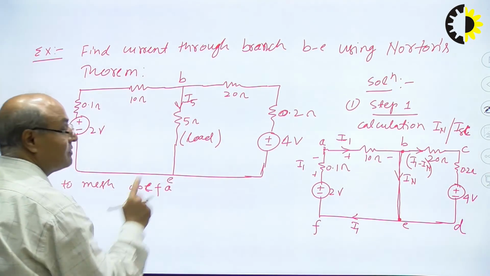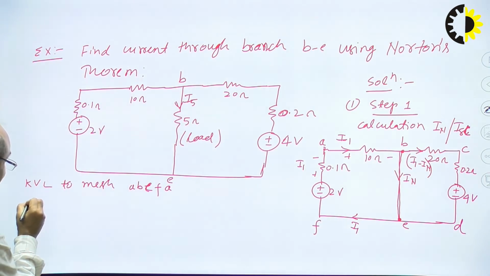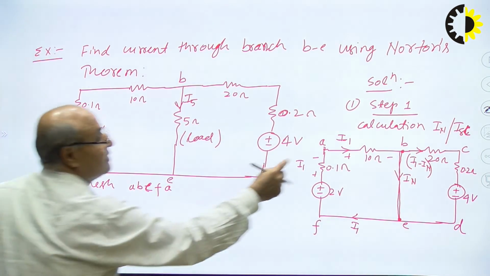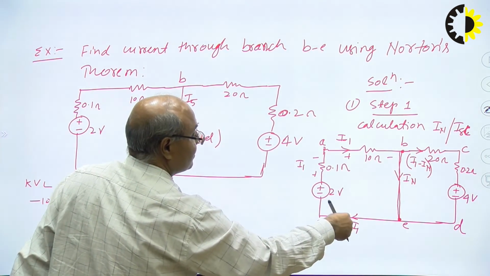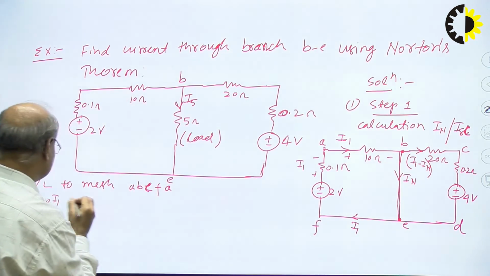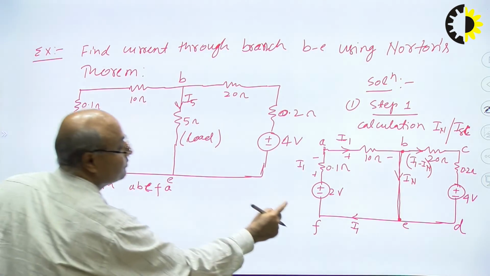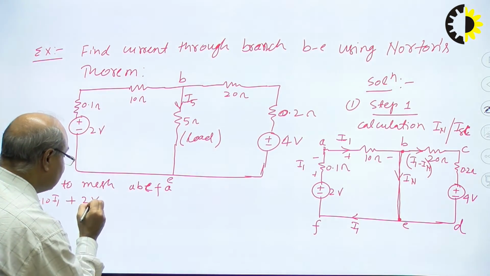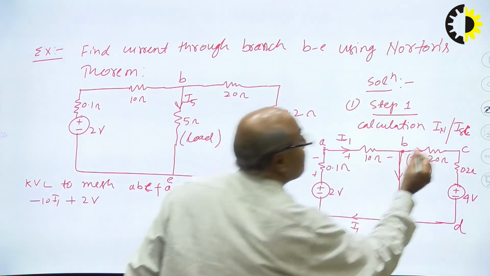The KVL equation for this mesh or loop will be minus 10 I1. There is no voltage drop here, and this voltage we consider as positive because we are moving from negative to positive, so we take it as positive 2.